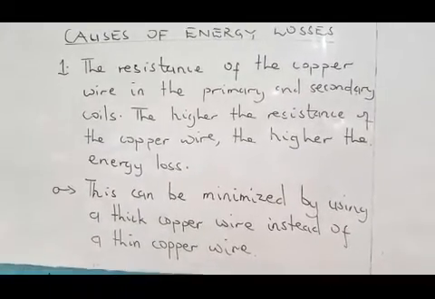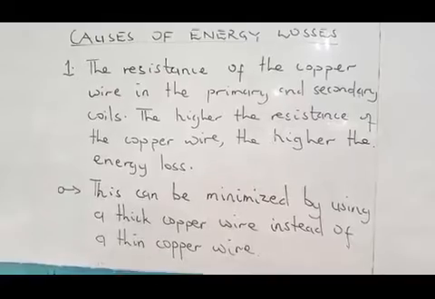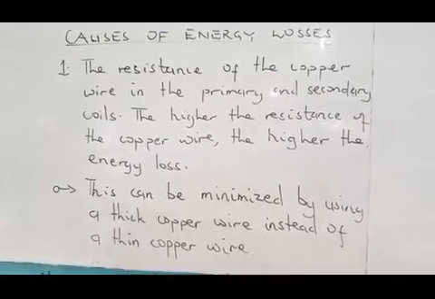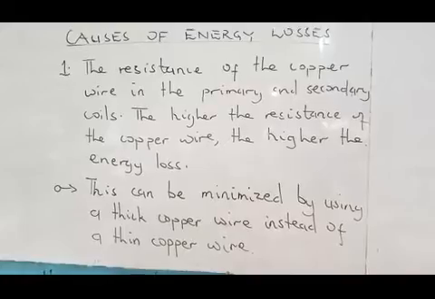Now, the second cause of energy loss is what we call the leakage of magnetic flux in the primary core.